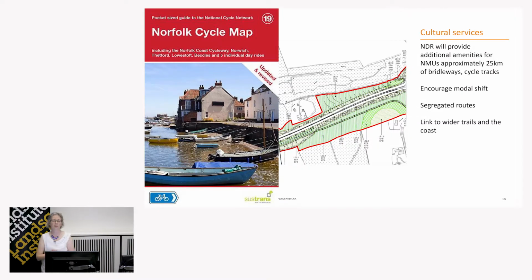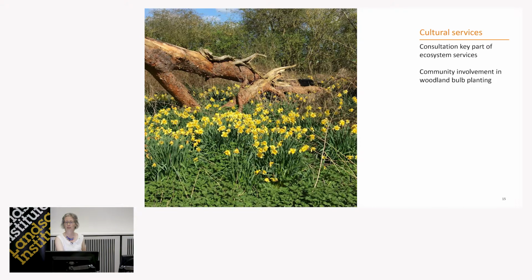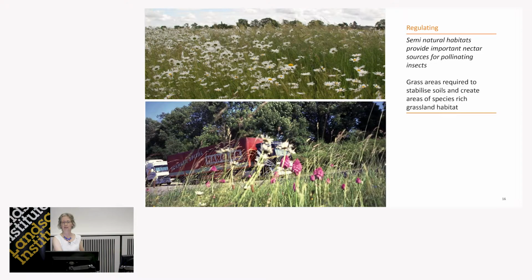We've incorporated 25 kilometres of bridleways and cycle tracks as part of segregated routes to encourage a modal shift as part of the scheme. We've involved local communities where they've done woodland bulb planting and incorporated some of the redundant buildings and agricultural assets.